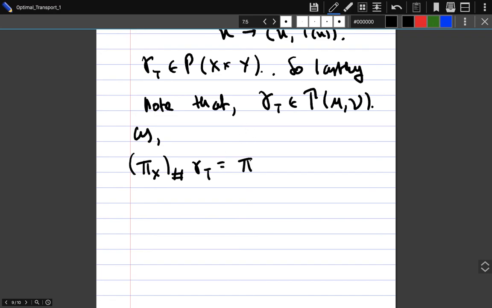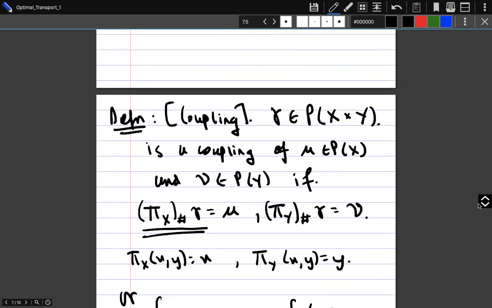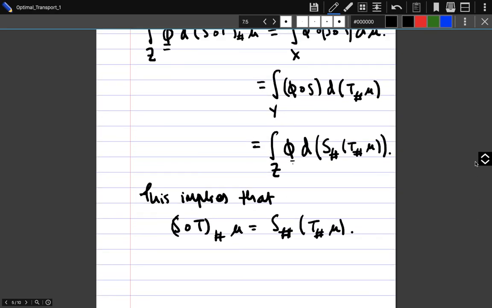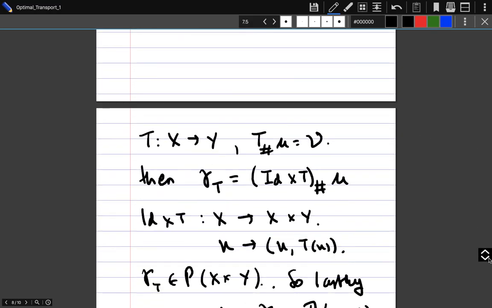So this is pi of x push forward, and what is gamma of T? It's the identity cross T, which itself again is a push forward measure. And now we have to use our results. So you have two push forward measures. So perhaps I go up and recall the identity that we'll use. It's perhaps here, yeah. So we have S push forward, T push forward. Well, you just compose these two guys and it's the combined push forward measure, right? So that's what we use here.